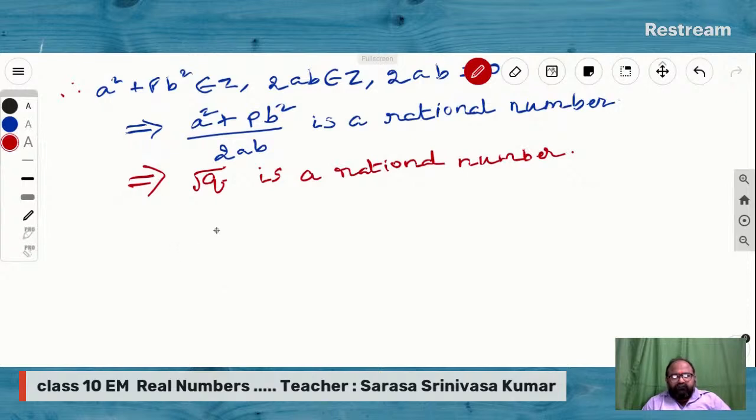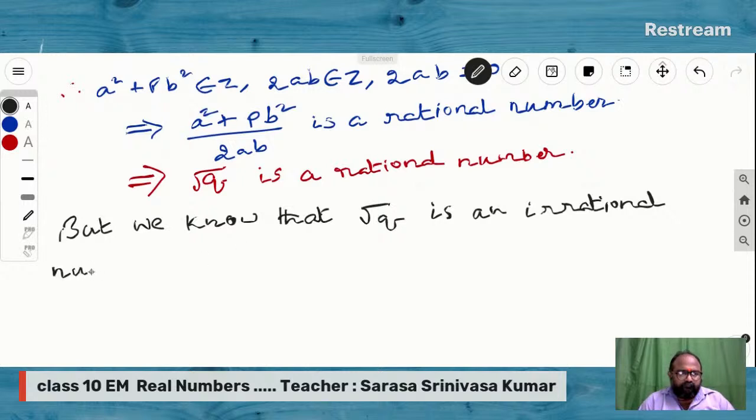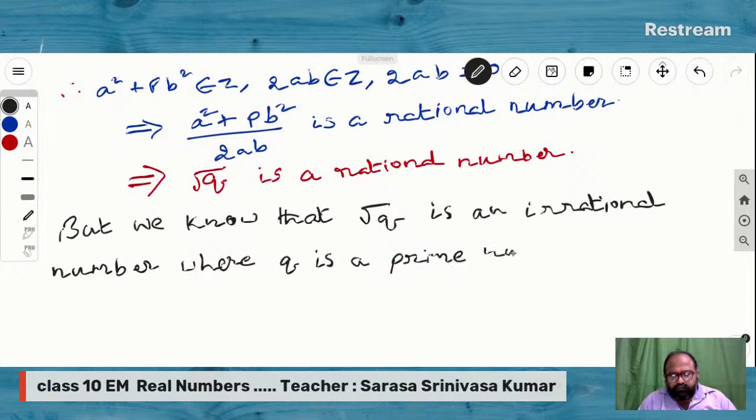But we know that square root of q is an irrational number where q is a prime number.